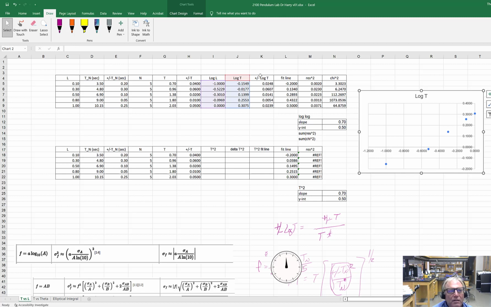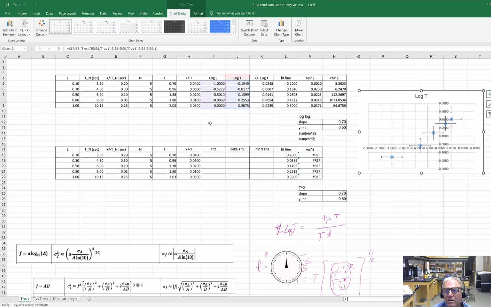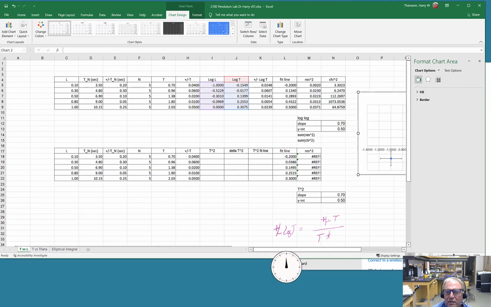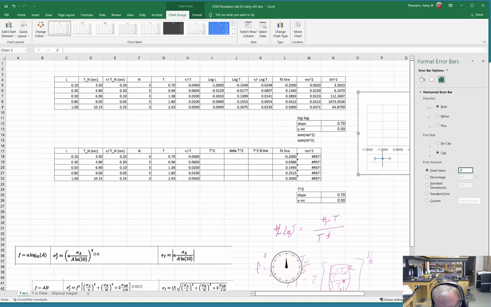So let's add an error bar. This is kind of a pain in the butt because we can't just add X or Y. We have to add in both of them, which is the PITA. So the X error bars are just going to be 0.